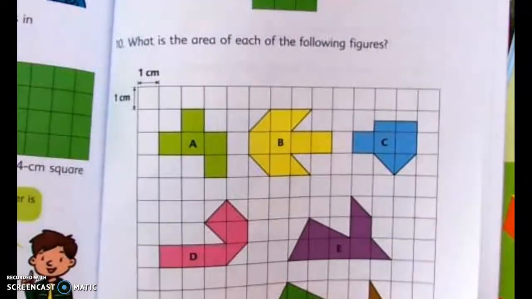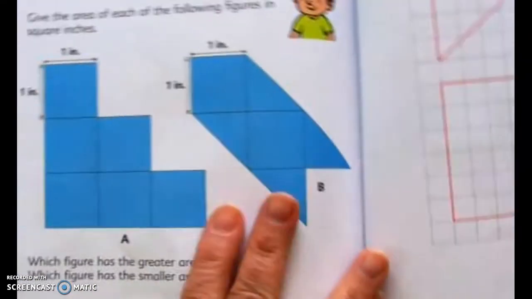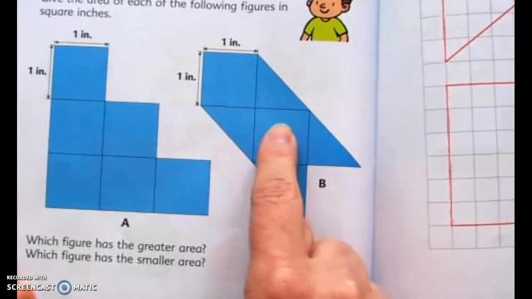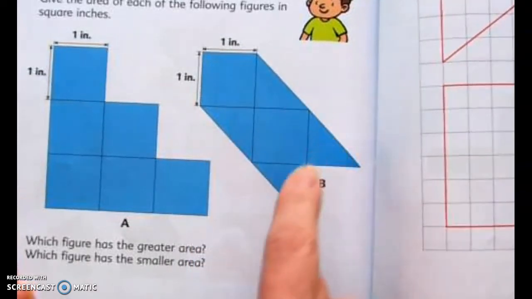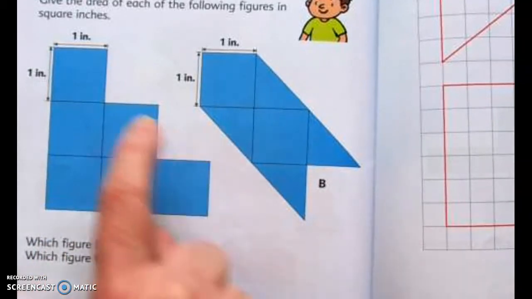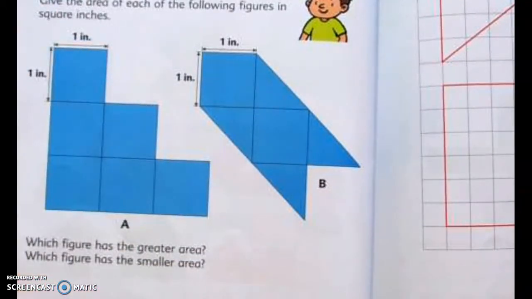This is exactly what we did yesterday, isn't it? So same thing with the inches. Okay, you count them up. 1, 2 for the holes, 2.5, 3, 3.5, 4. This is an area of 4. And then this one has 1, 2, 3, 4, 5, 6. Obviously, this is the greater area, isn't it? You get the idea. So that's what you're doing in your assignment.